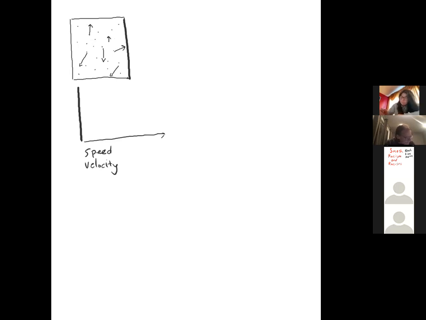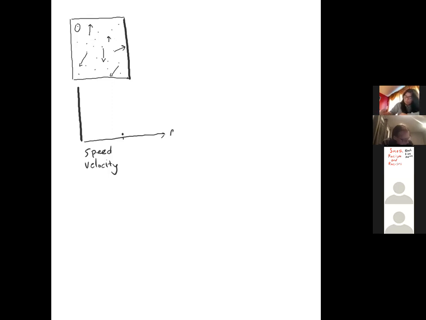And let's say that I pick one of these molecules out of the box and study it. I want to see how fast it's moving. And what I do is I plot it on the x-axis, how fast it's moving. And so I'm going to plot it right here. I find out that, hey, that molecule is moving this fast. So I'm going to plot it right here, okay, on the x-axis.